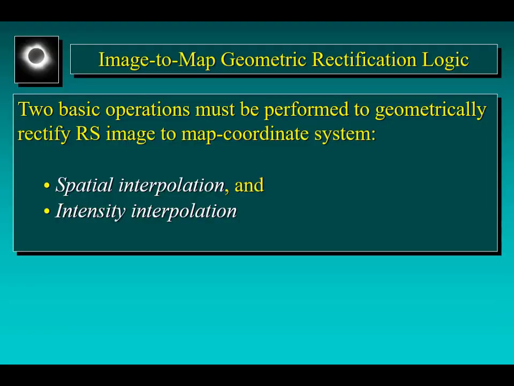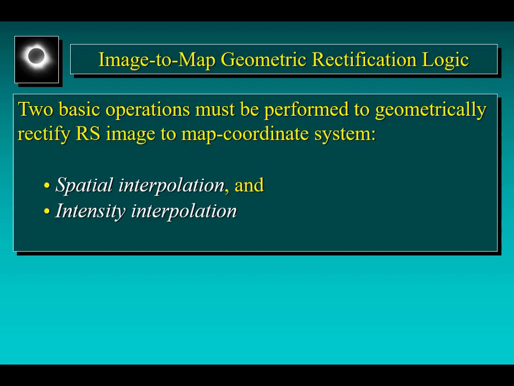So let's review the geometric correction process that we've discussed up to this point. We're going to need to determine whether or not we want to perform an image-to-map rectification or an image-to-image registration or a hybrid approach that utilizes aspects of each of those processes. And we're also going to want to establish a network of ground control points derived from some source, right?